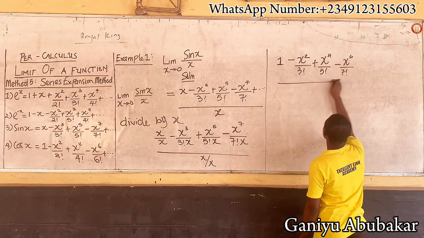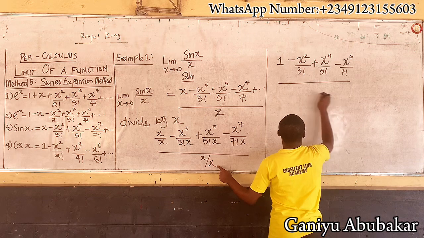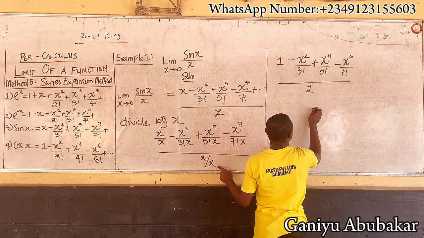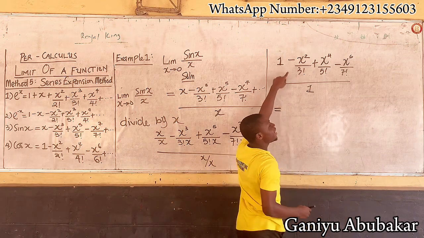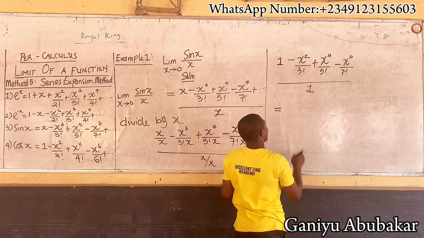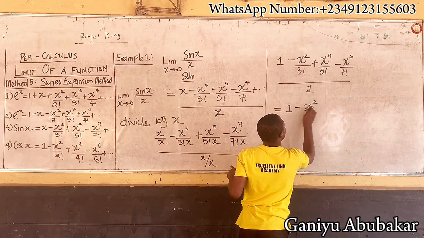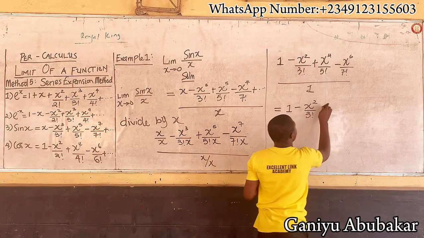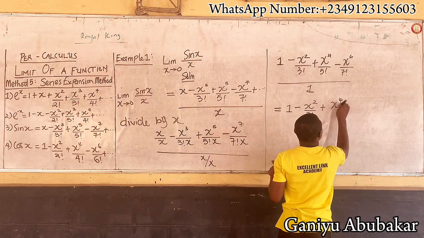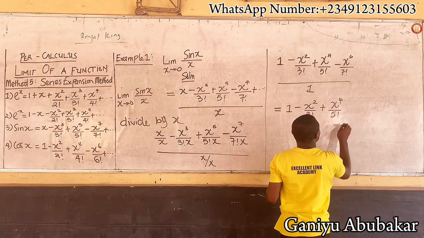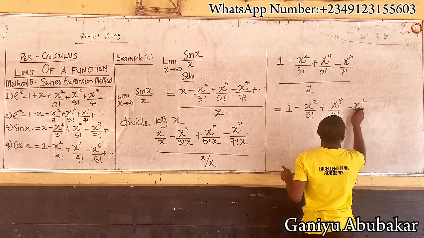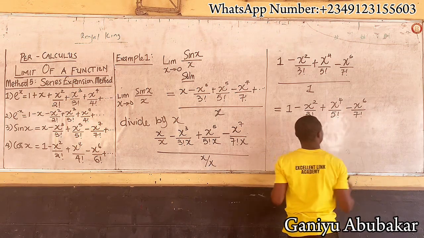So all over x is of course 1, and we know that anything divided by 1 is that thing. So I'll be having just 1 minus x squared over 3 factorial plus x to the power 4 over 5 factorial minus x to the power 6 over 7 factorial.